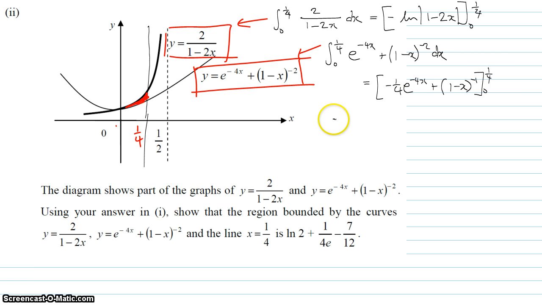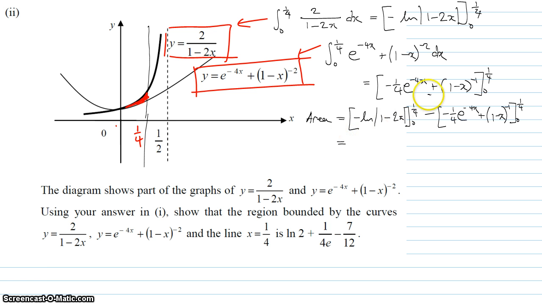So the area is going to be this term here, minus ln 1 minus 2x between 0 and a quarter, minus negative 1 over 4 e to the minus 4x plus 1 minus x to the power of minus 1 between 0 and a quarter.